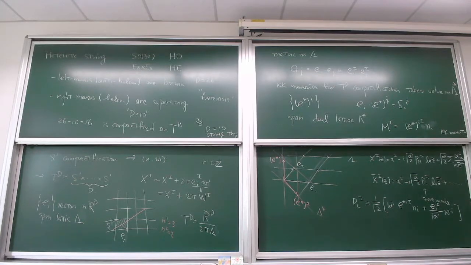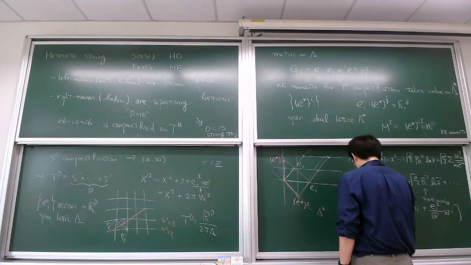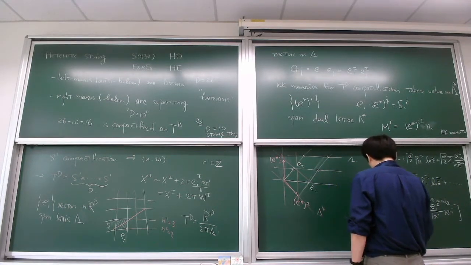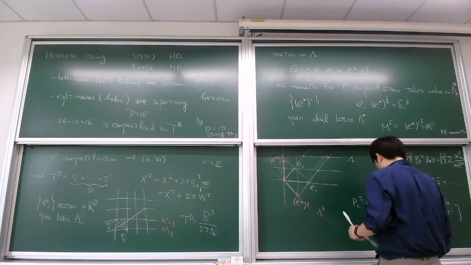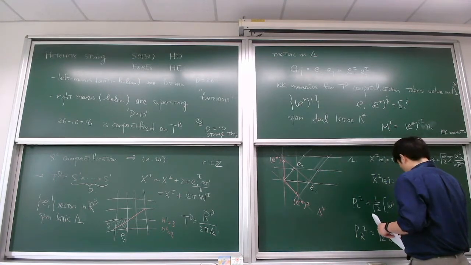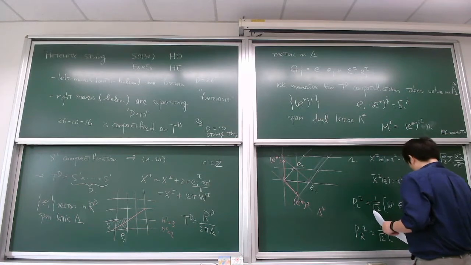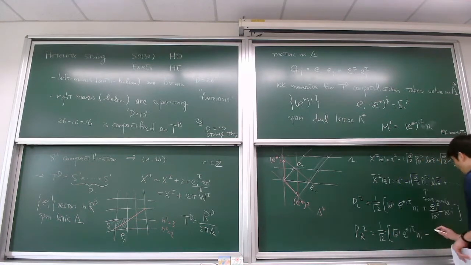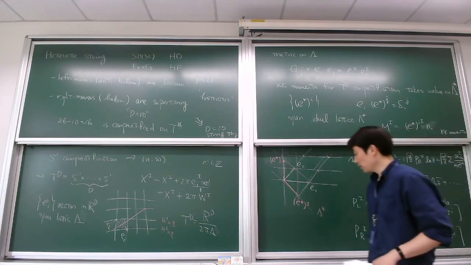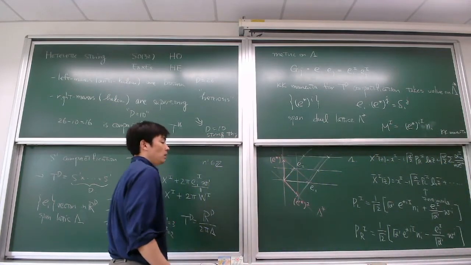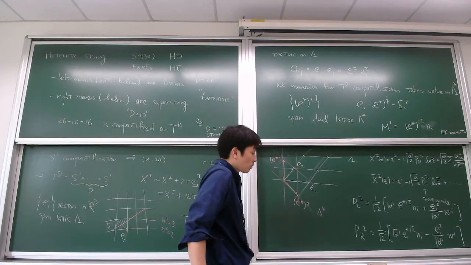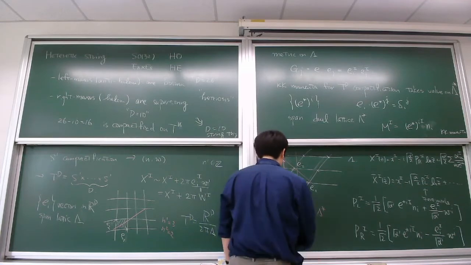So this is the Kaluza-Klein momenta, and this is the winding number. For the right moving sector, you have a different sign of combination, and then the same p. This is what we have seen in the S1 compactification.